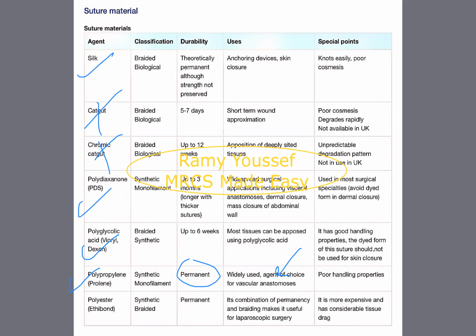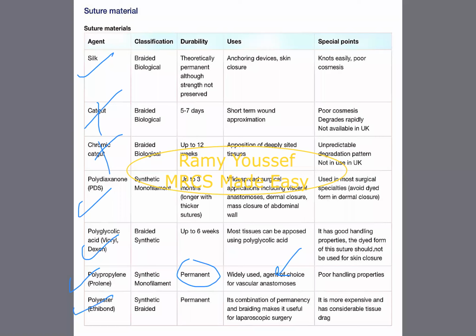Also, we use it in cardiac surgery, closing the cardiac wall and cardiac injury, like ventricular or atrial injury, mostly ventricular injury. We use permanent, non-absorbable material like proline in suturing the cardiac wall.